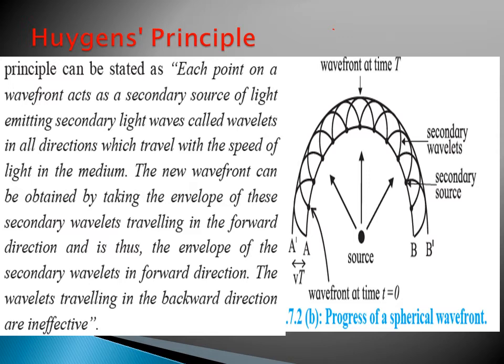Why? Because the backward wavefront is rejected. We know that the amplitude of the secondary wavelets is proportional to 1/2 (1 plus cos theta).